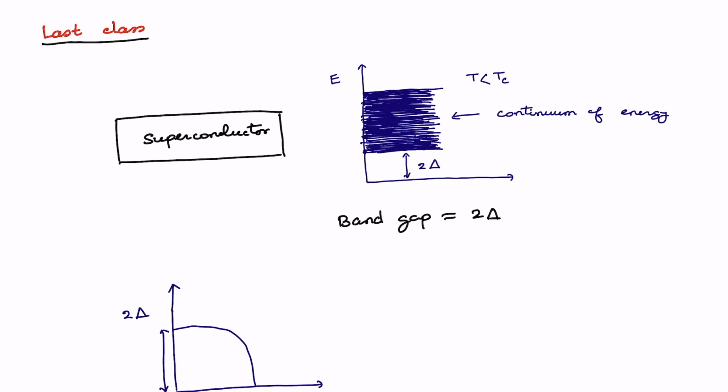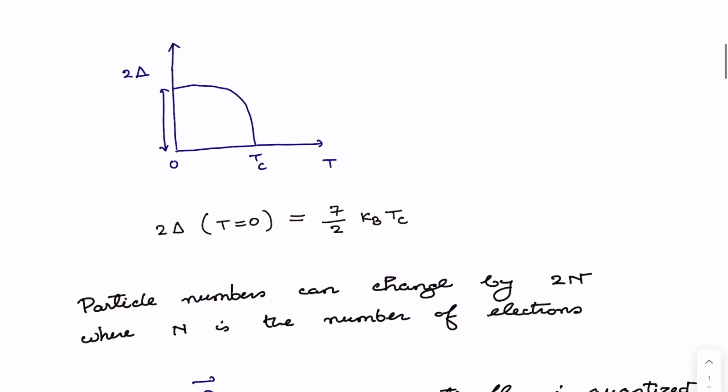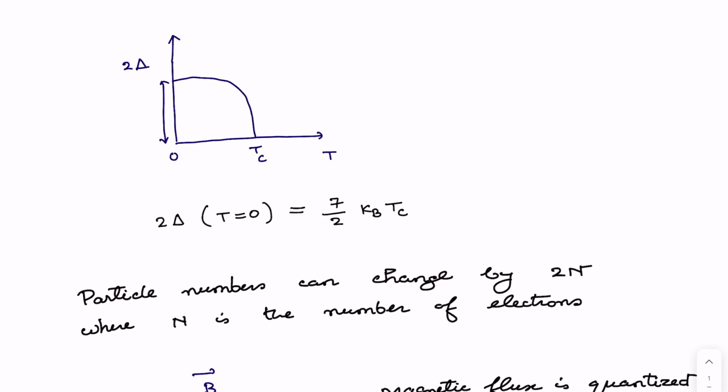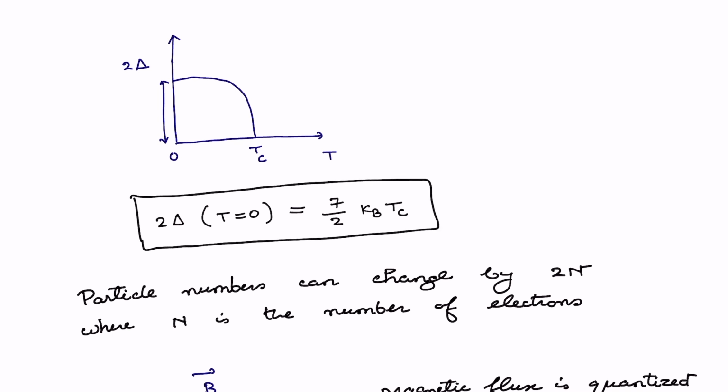Because these two electrons are glued to each other, some amount of energy is required to break them, and this results in the so-called band gap, denoted by the symbol 2Δ. As per the BCS theory, the band gap at absolute zero temperature, T equals 0, and the critical temperature of the superconductor is related by this expression.